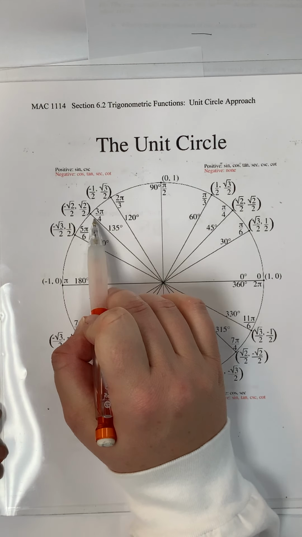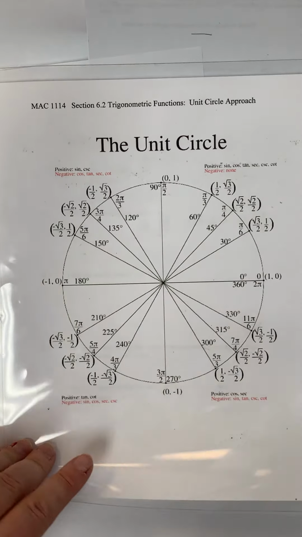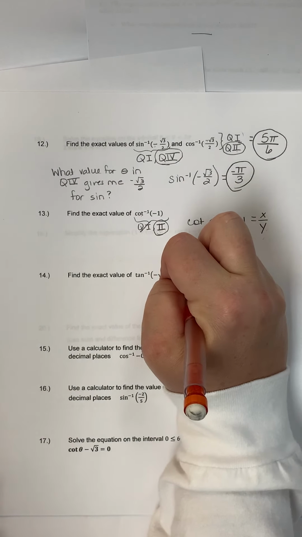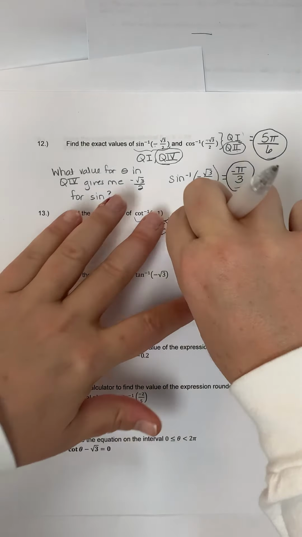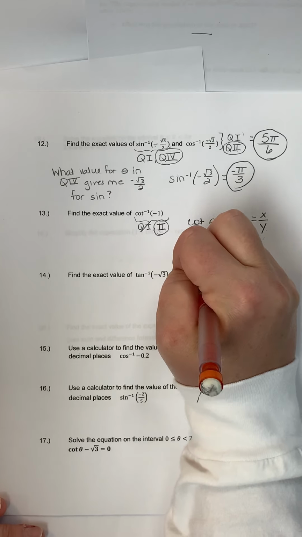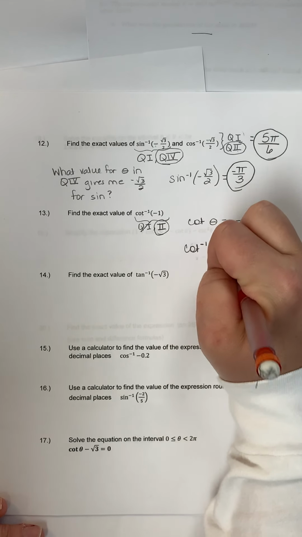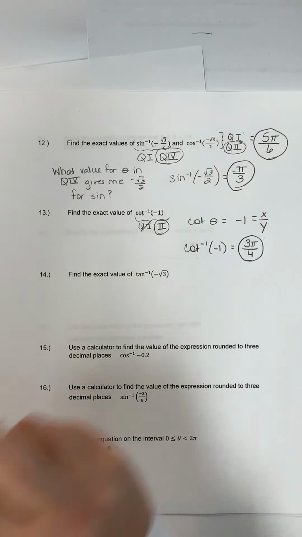This is going to do it. And this is 3 pi over 4. So my theta in this situation, or I could write it the other way, I could say that my inverse in this situation is going to be 3 pi over 4.